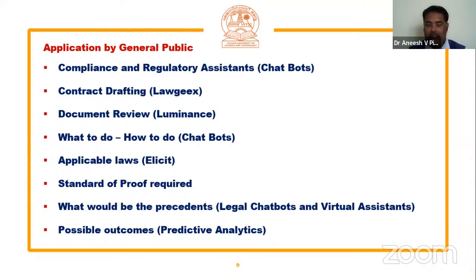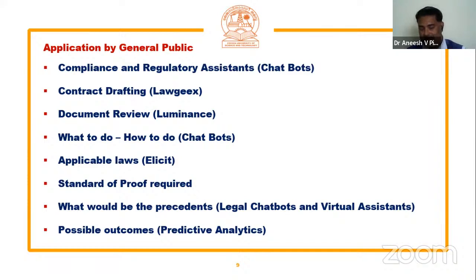In that situation, being a common man, I can simply use AI chatbots. With the help of AI chatbots, I can see what things are applicable to me and how to proceed further. That is one of the significant advantages for the general public.